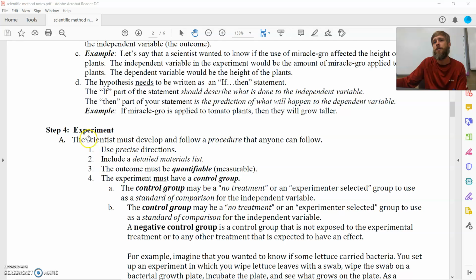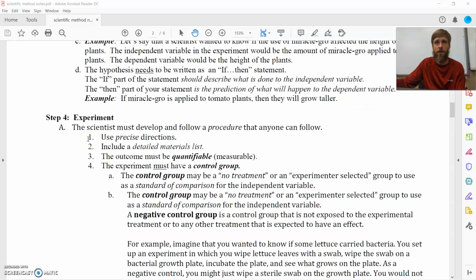Now we have the experiment. So this is the fun part. This is where the scientist develops and follows a procedure that anyone can follow. It includes the use of precise directions and a detailed material list. If you look up some actual legit scientific journals, you will see that the directions are very precise and detailed.